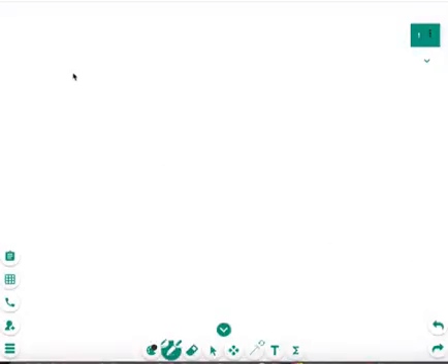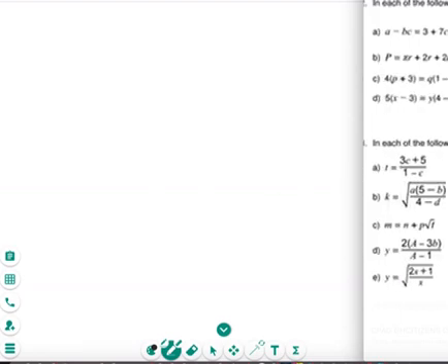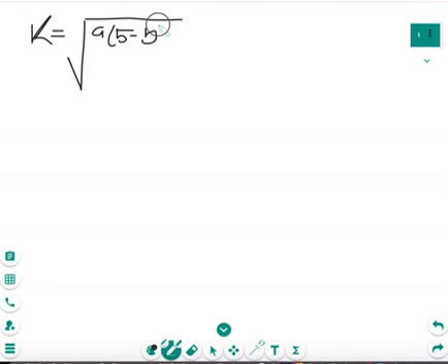Okay, the question says that K is equal to the square root of A into bracket 5 minus B bracket close, all over 4 minus D, and you're asked to make what?